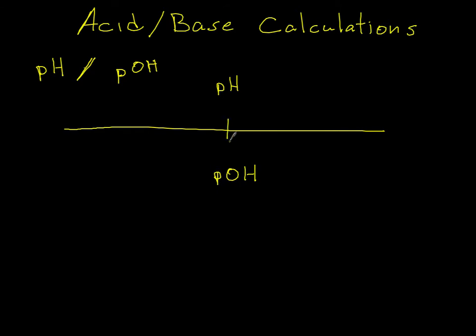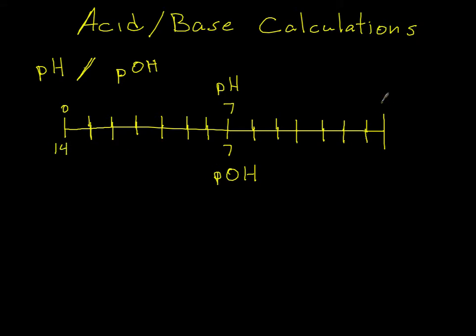So we already know that a pH of 7 is neutral, and there is a corresponding pOH that is also 7. But then here's where it changes. If the pH is 0, the pOH is 14.